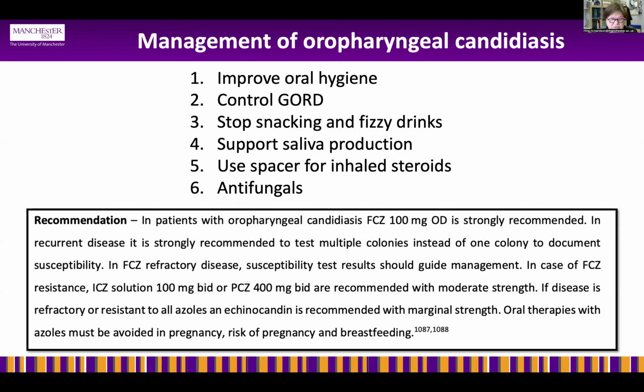It is very important, this is a repetition now for all of these, that you must make sure that azoles are avoided in pregnancy, risk of pregnancy and breastfeeding. You have to ask about contraception from all women in their childbearing age.